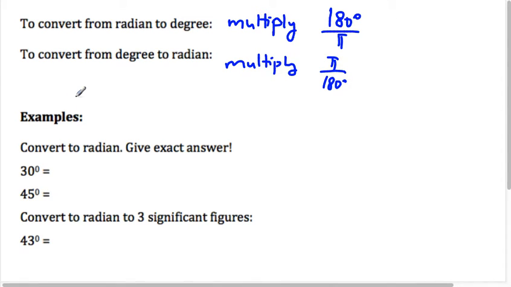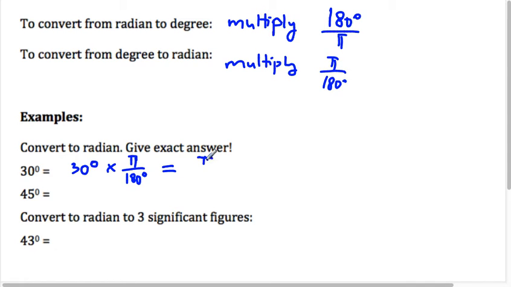So as an example, if you are asked to convert to radian and you are asked to give an exact answer, just leave it as a fraction. If it contains pi, then you just leave it as that. So 30 degrees, if I would like to convert to radian, then I would have to multiply it by pi over 180 degrees. So in this case, 30 over 180 is 1 over 6.